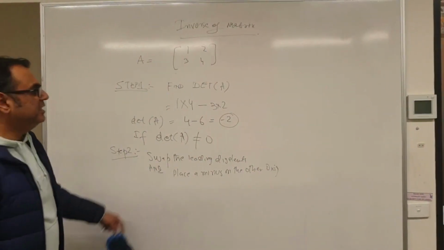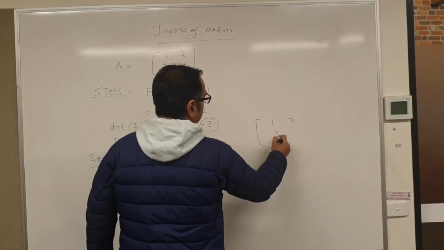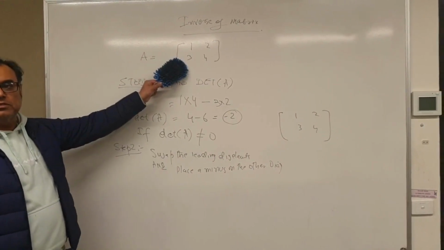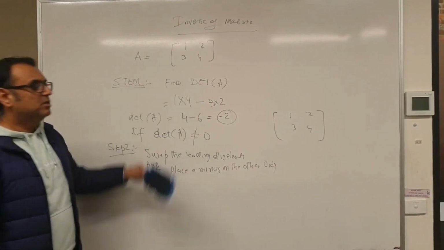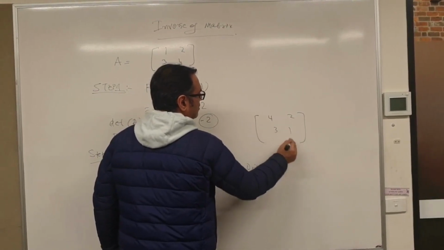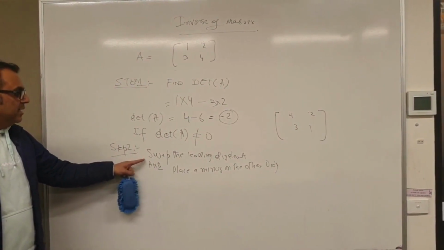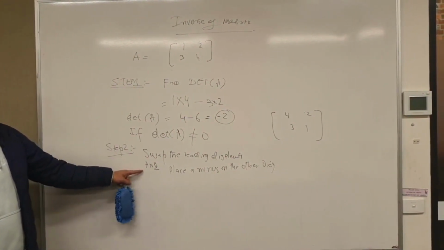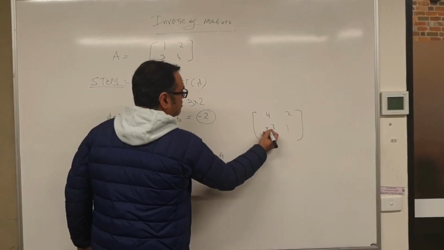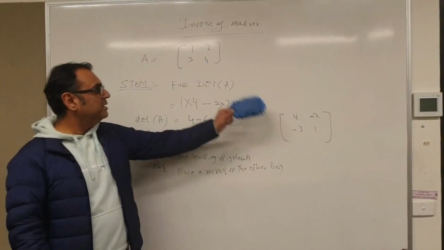Swap the elements of the leading diagonal. My matrix was 1, 2, 3, 4. Make this a 4 and make this a 1. That's what this line tells you. And the second step, place the minus on the other diagonal. You had a 3 and 2 here, so you just place negative signs here. So now this becomes this.